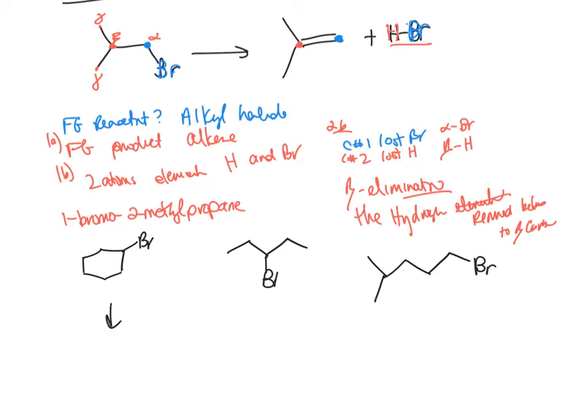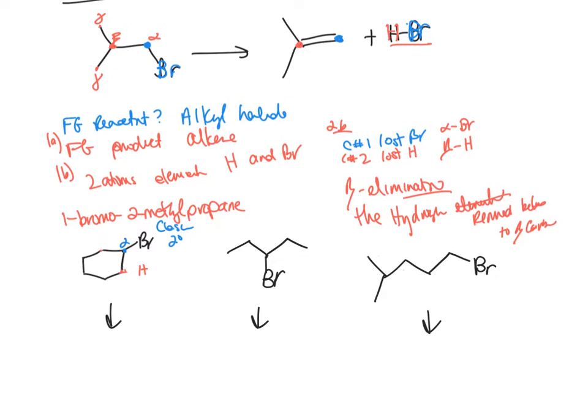All right, so what are we supposed to do? Label. So this is your alpha. And I like to classify, is it secondary? Yep. So then we have two alphas. Alpha, alpha. And then I like to put in my, oh, sorry, beta.